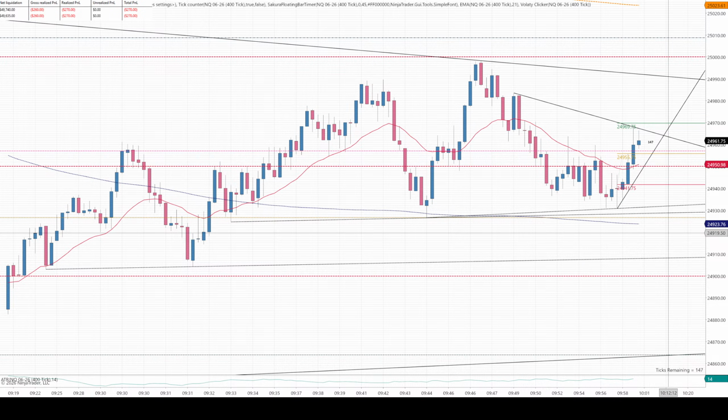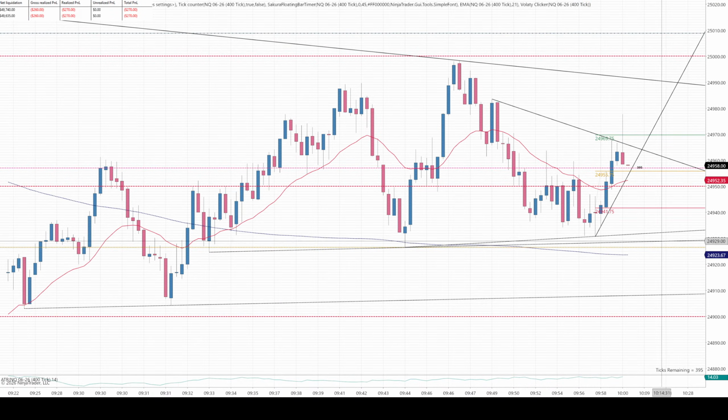Still stuck in a wedge. All right, it's 10 o'clock. Just hit the target. A little bit of volatility from the news now.